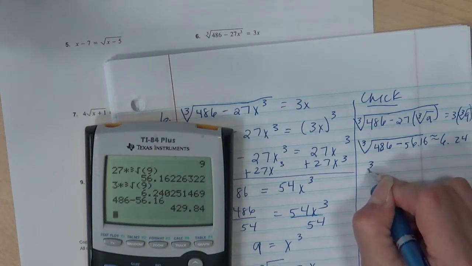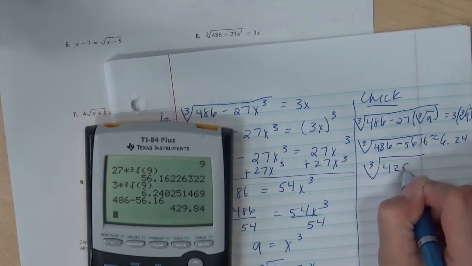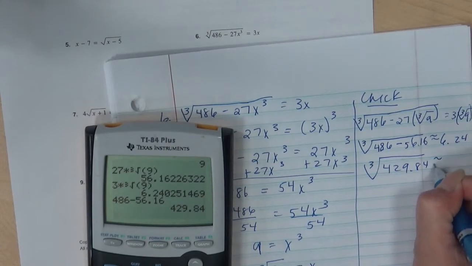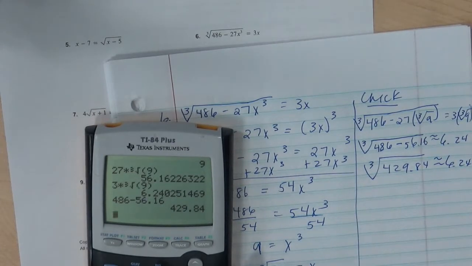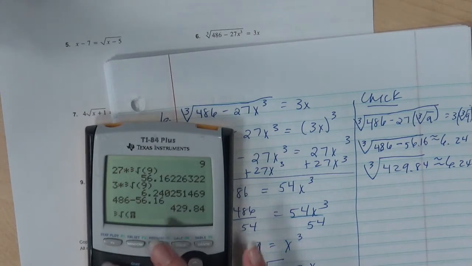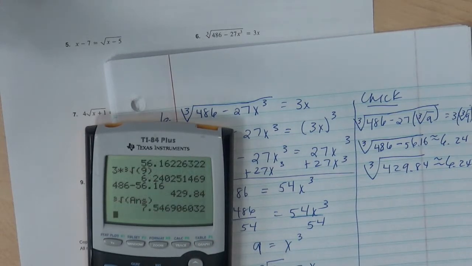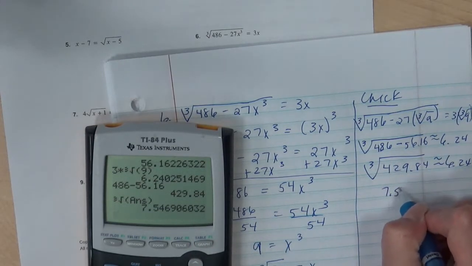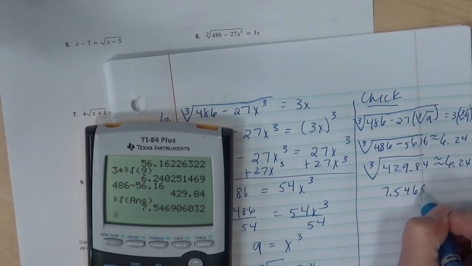I've got cube root of 429.84, approximately equal to 6.24, and then take the cube root. So I'm going to go Math 4 for cube root, and then I can go second answer to get my 429.84 in there. That's giving me 7.5469.